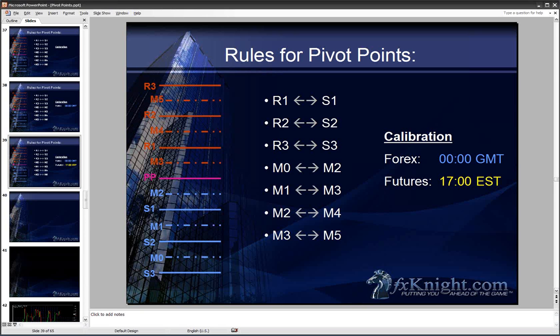So first I get the big picture, and then I zoom in and find the trades within that. That's my own personal trading style. But the thing about pivots, you guys, is they'll work in all time frames. They're calculated daily based on Forex, or based on sessions for stocks and commodities, but once you have them plotted, you can zoom into any time frame and see them. That's the cool thing about it.